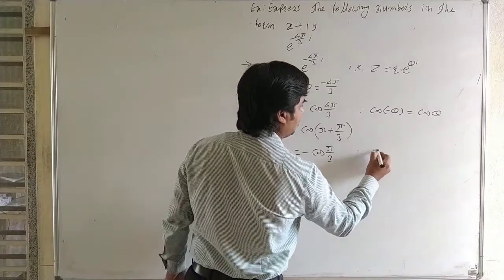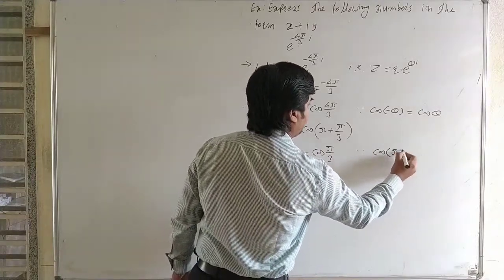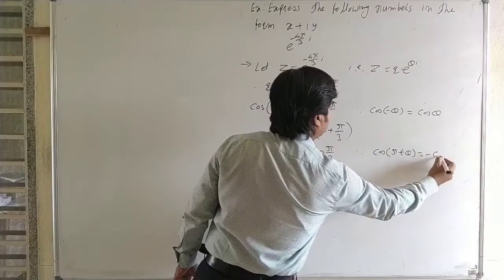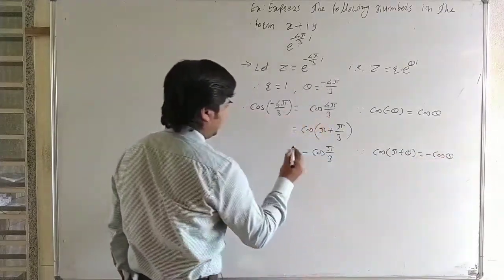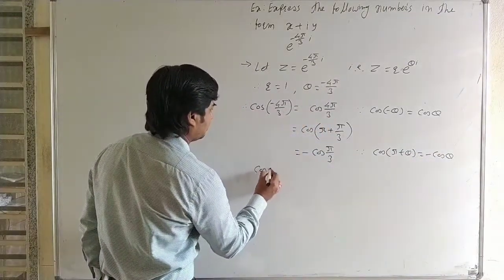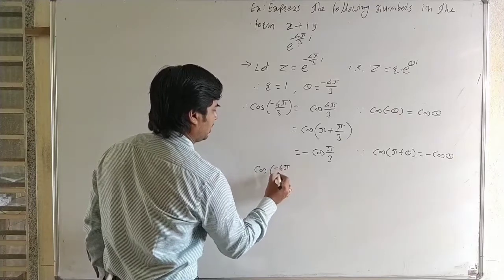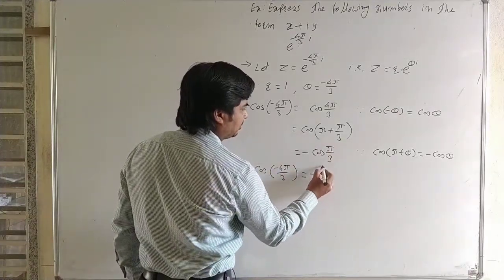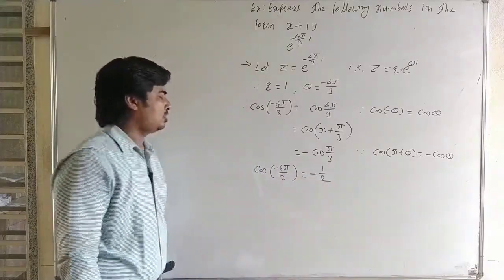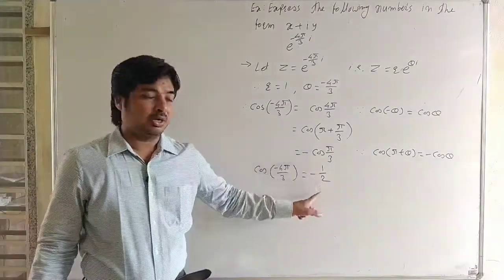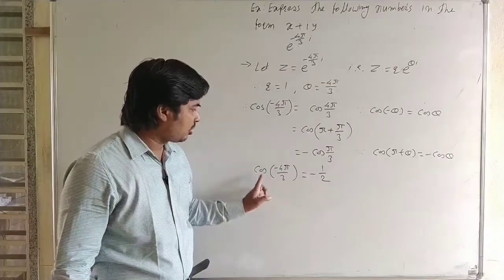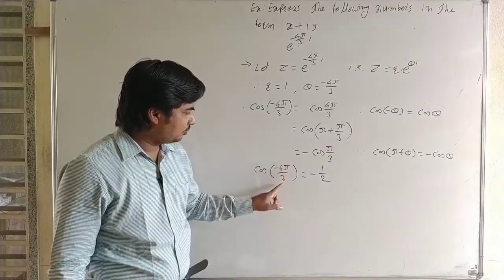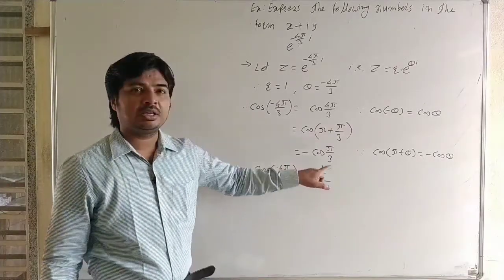Here we use cos pi plus theta is equal to minus cos theta. Okay, and therefore cos minus 4 pi by 3 is equal to minus cos pi by 3, it is 1 by 2, and it is minus. Therefore cos minus 4 pi by 3 is minus 1 by 2.